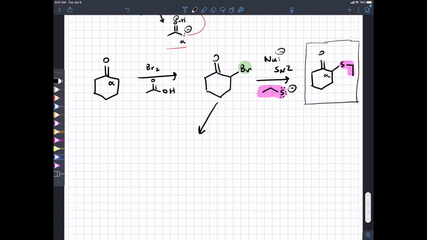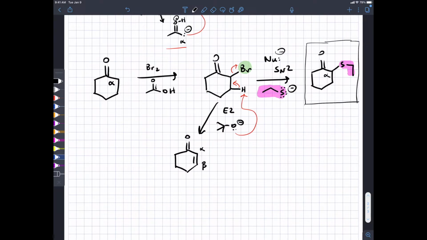If you wanted to do an E2 reaction, which base would you choose? Probably tert-butoxide, right? And I say great, that's fine. That would do the elimination reaction to give you the E2 product, which, interestingly, is an alpha-beta unsaturated carbonyl compound.